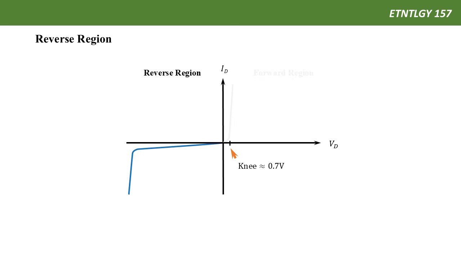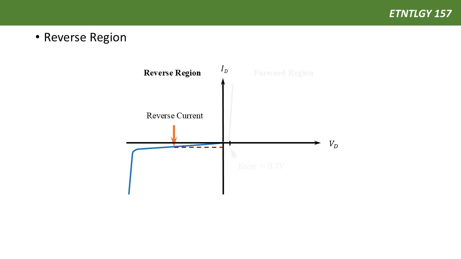Now we also put the other side of the curve here. This is when the diode is placed in the reverse direction. So it blocks current. No current can flow through it, in theory. However, in reality, a very small amount of electrons can go through it. This is the reason there's a small gap between the horizontal line and the curve.